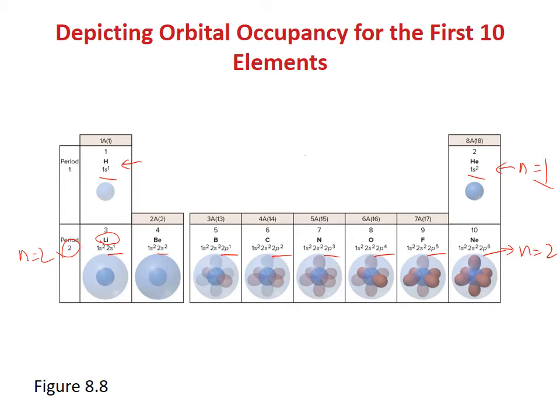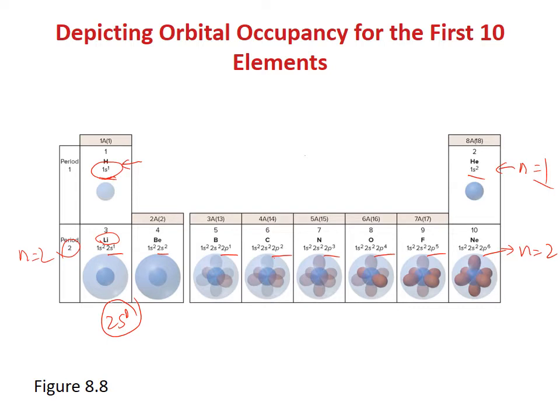This shows that elements in the same group have a similar outer shell electron configuration. For example, hydrogen has 1s1, one electron. Lithium's outer shell is 2s1, one electron. So the outer shell electron configurations are similar.